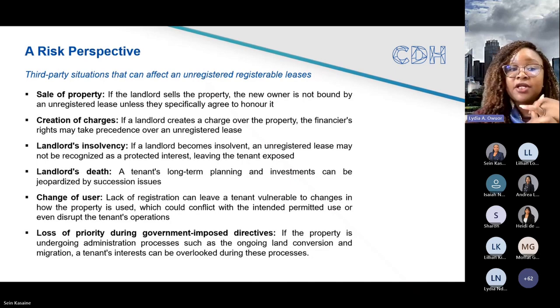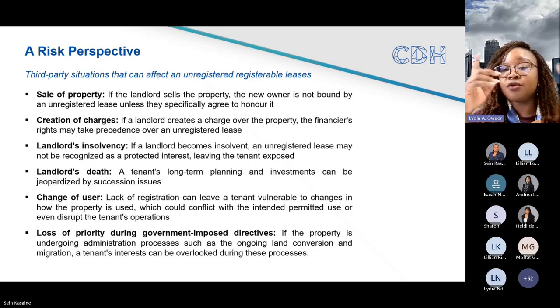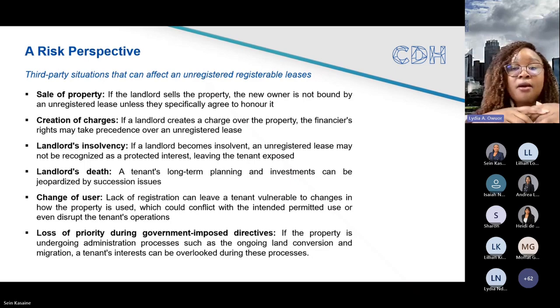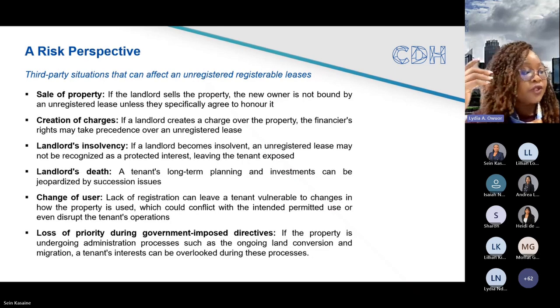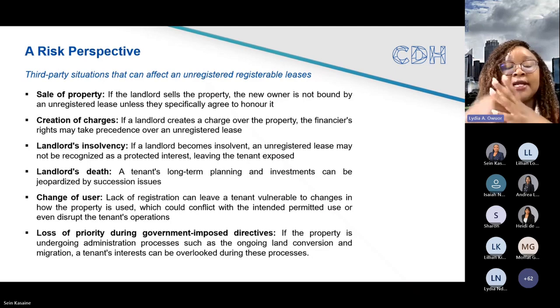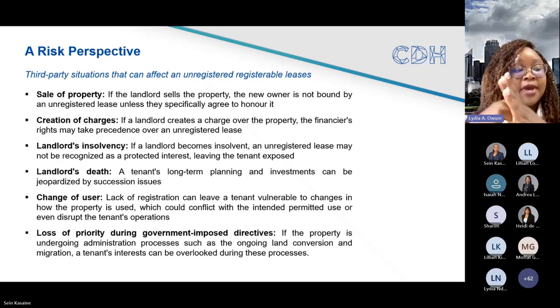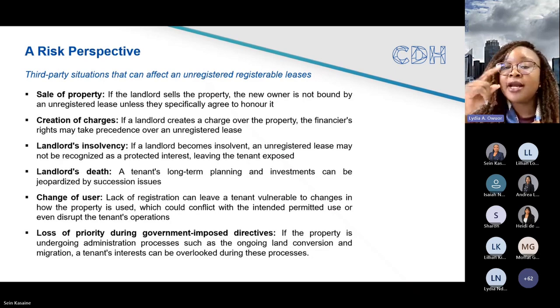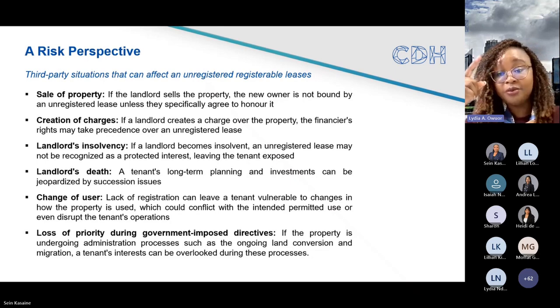Now, the second aspect I wanted to highlight is in relation to creation of charges. Of course, we had amendments in 2012, so we no longer have mortgages in Kenya. So in terms of creation of charges, if a landlord creates a legal charge over a property, the financier's rights may take precedence over an unregistered lease. That's very important.